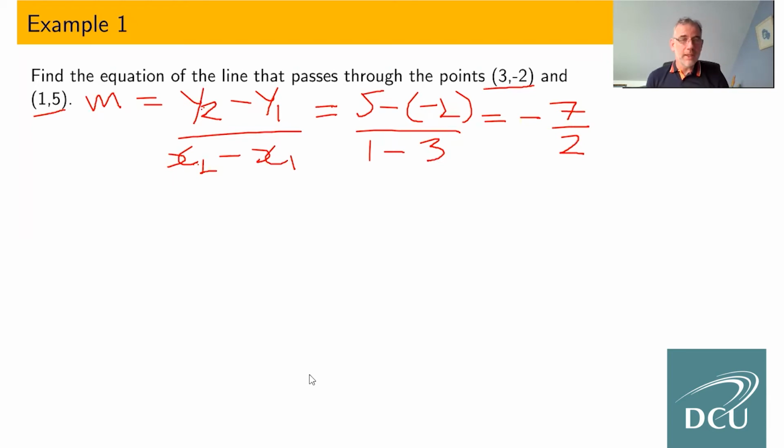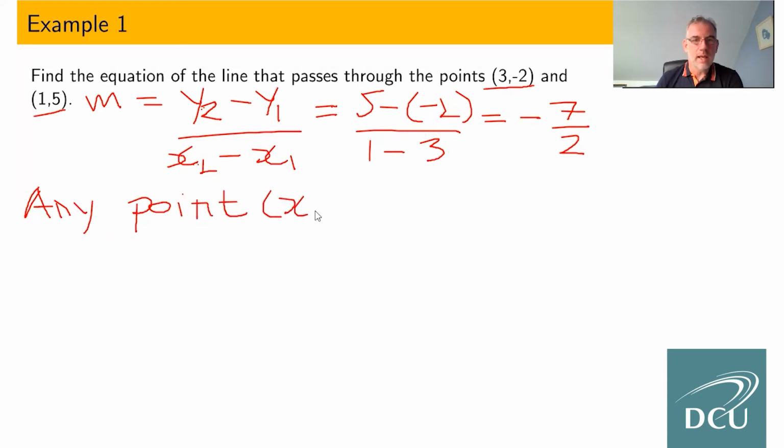Now to get the equation, I focus on the idea that any point on the line, let's say it has coordinates x, y, take any point on the line.